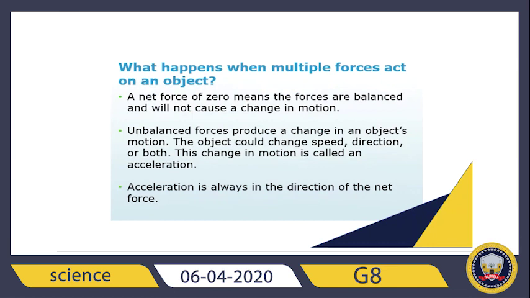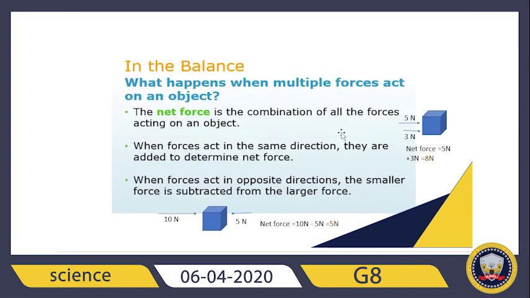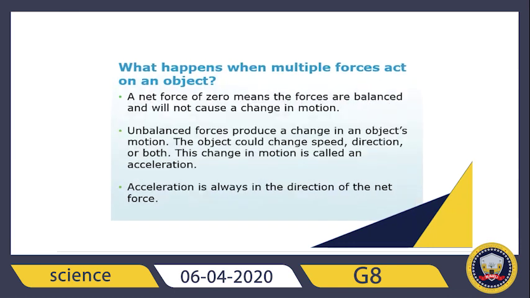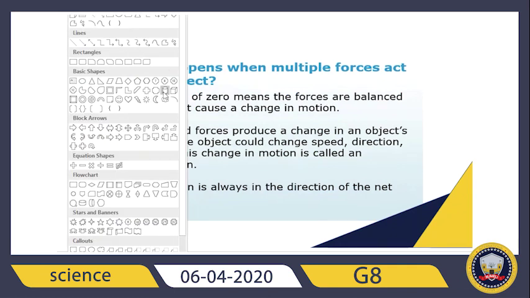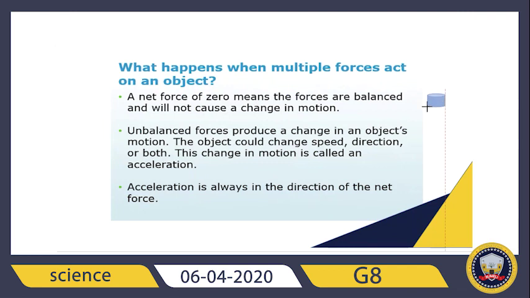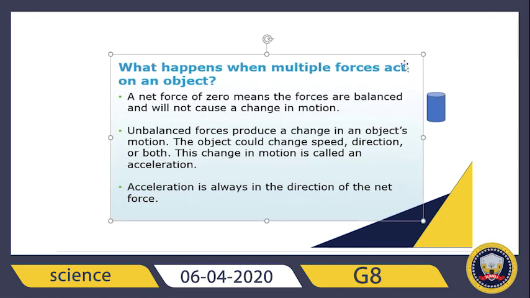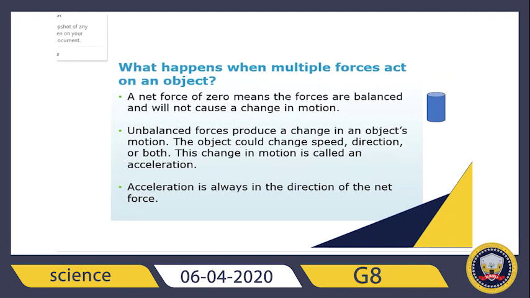And here we can say that forces are balanced. Like an example for that, guys, suppose we have this object and you want to move it. Now we have two forces that are acting on this object.